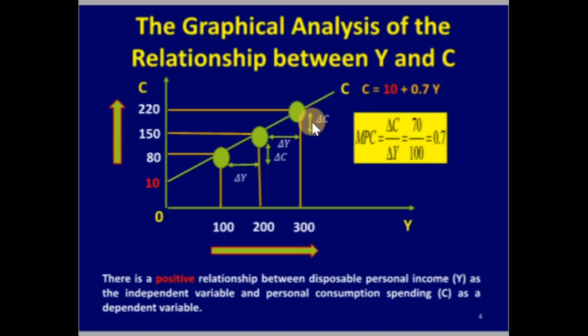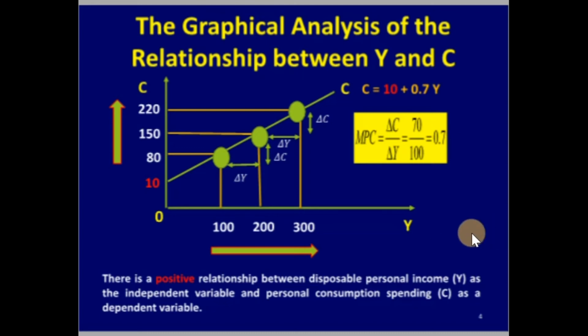And the change in the personal consumption spending equals 220 minus 150 equals 70. Therefore, MPC is going to be equal to 0.7. Since the consumption function is linear, MPC is constant at all levels of the disposable personal income.